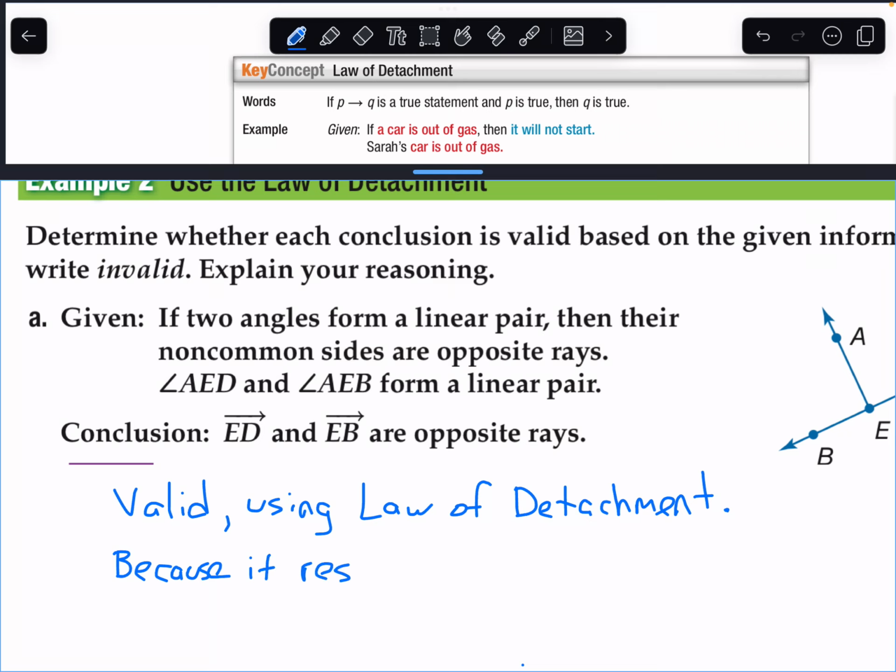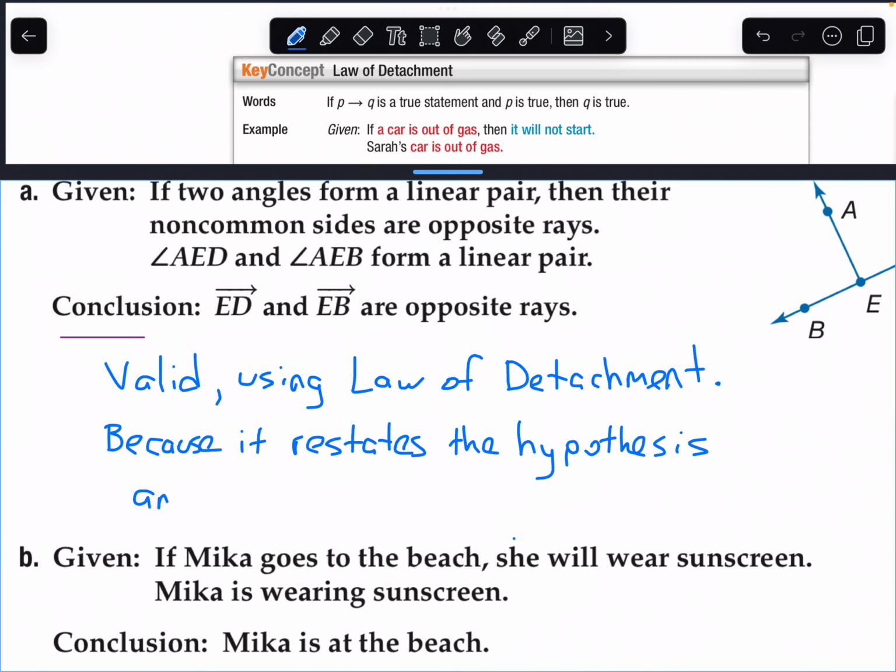Because it restates the hypothesis and concludes the conclusion. Don't get those mixed up. Restating the conclusion and concluding the hypothesis is no good.